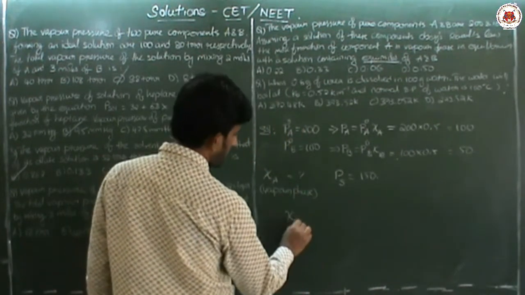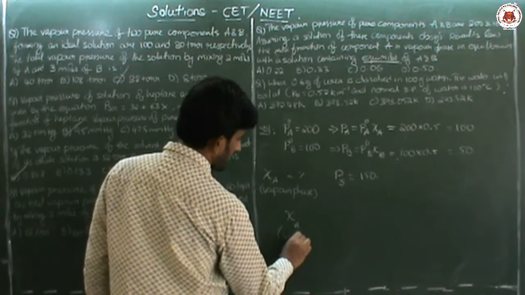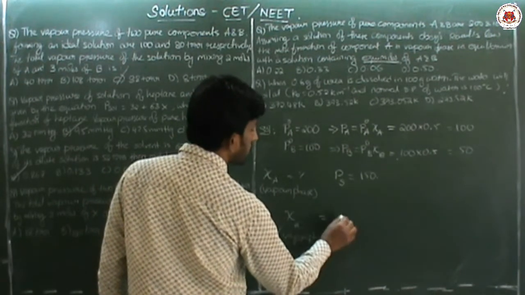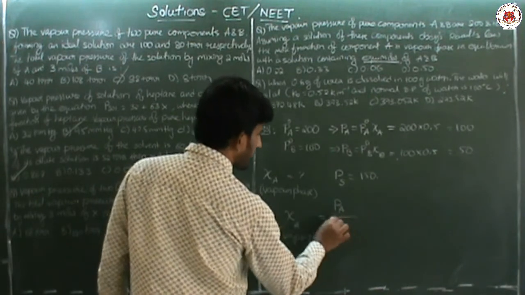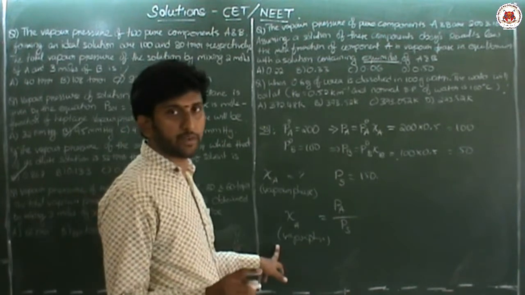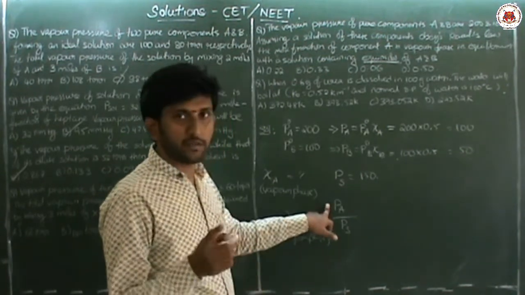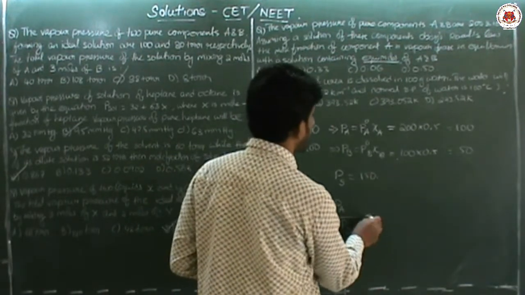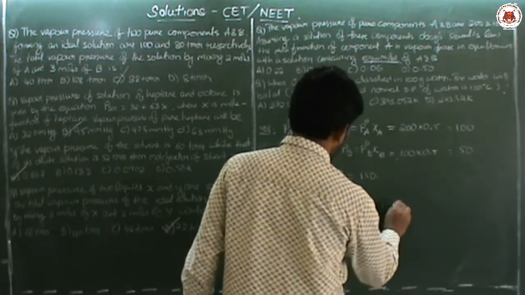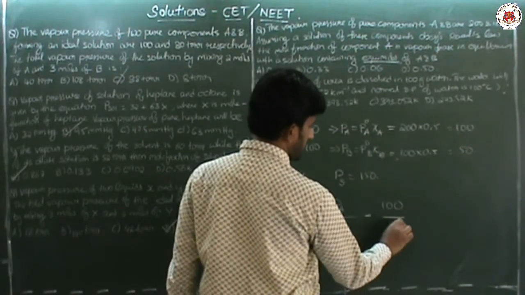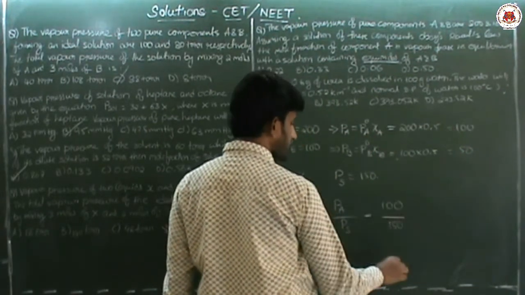Then what will be the mole fraction of A in the vapor phase? Mole fraction of A in vapor phase will be equal to partial pressure of A divided by total pressure. So partial pressure of A is 100, divided by total pressure 150.